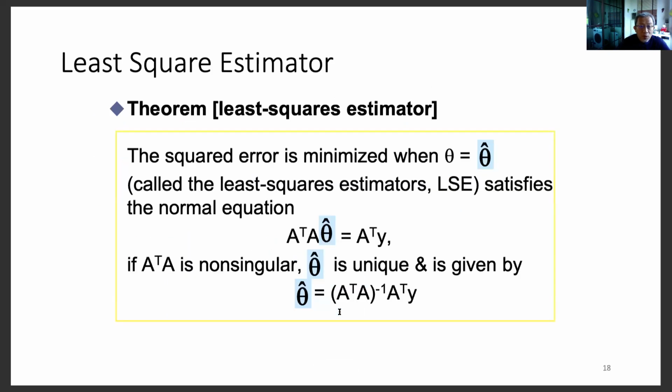So the theorem of least square is shown here. The squared error is minimized when theta is equal to the estimated theta.